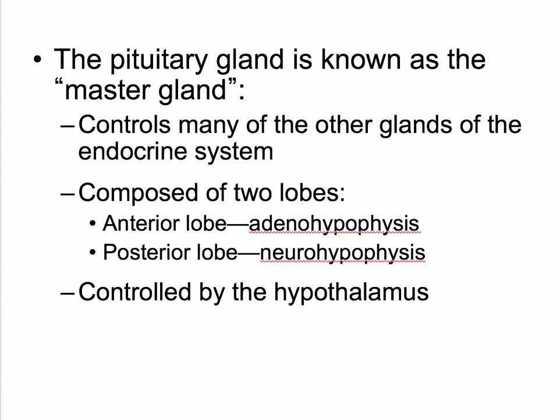And the posterior lobe is really closer to nervous tissue in nature. And so the anterior lobe is going to be involved in making and secreting these tropic hormones.